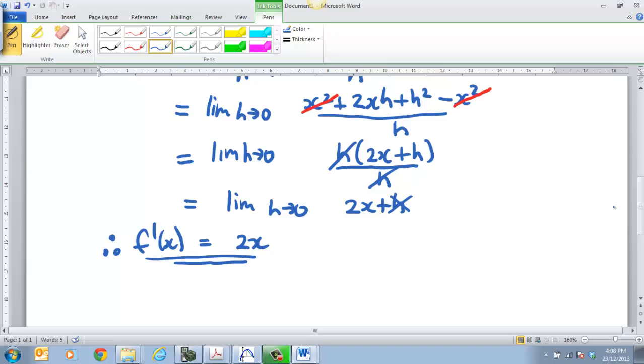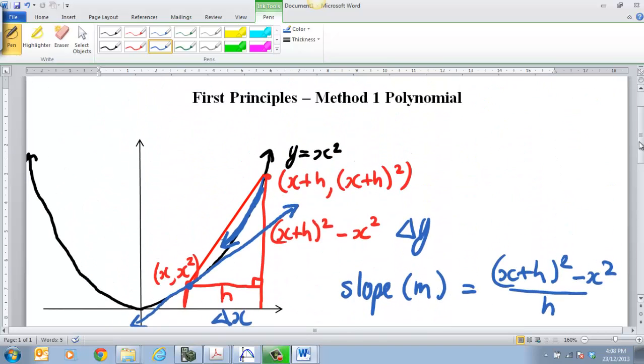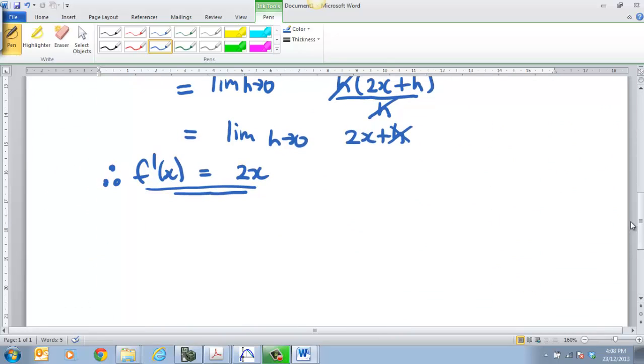So in other words, if I'm thinking of my curve up here, if I wanted to know what the tangent was when x was equal to 1, that would be 2 times 1, which would be equal to 2. If I wanted to work out what the slope of the tangent was when x was equal to 2, that would be 2 times 2, which is equal to 4.